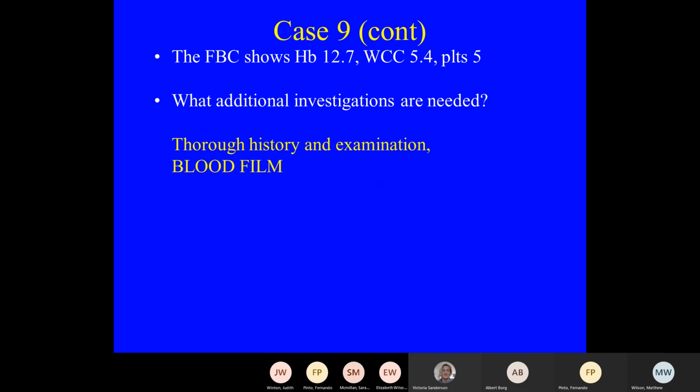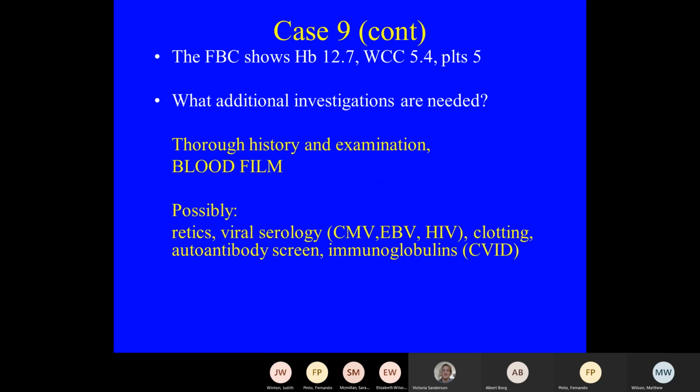So obviously in ITP, probably the most important thing is the history and the examination with the blood film. Next. All of the other tests that we do are just to make sure that we don't miss the trigger. So reticulocytes, to make sure it's not a microangiopathy as well. Viral serology to find out whether there's any viral infection triggering it.